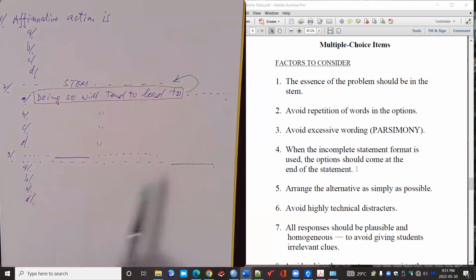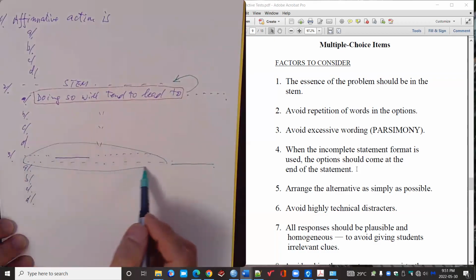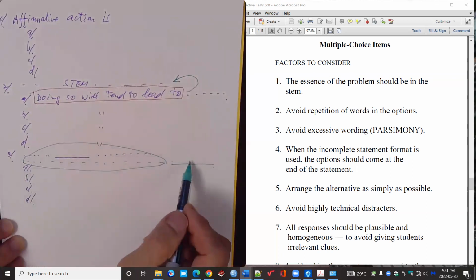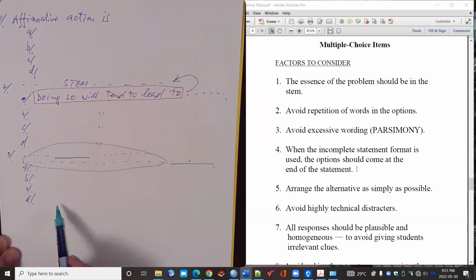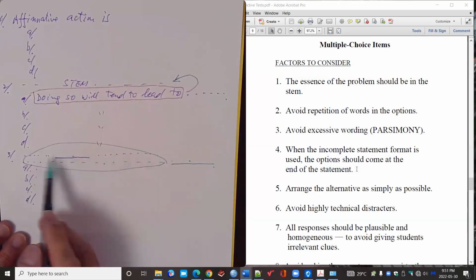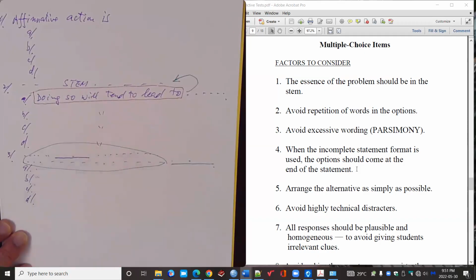It should come in, because here the examinees have gathered enough information to even suggest a guess of this one. Instead of this here, put it here, then read it again. Okay, that type of thing. All right.